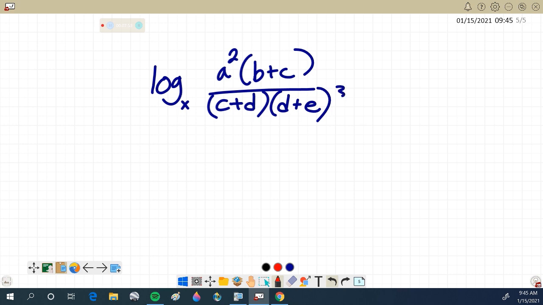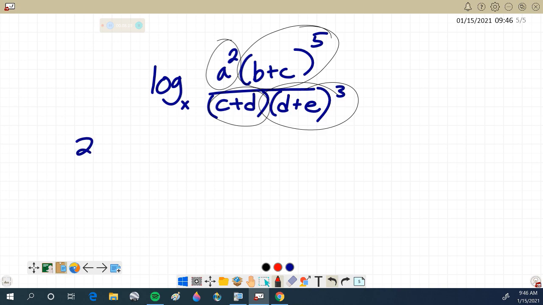How many logarithms will I end up with? 4. So this is 1, this is 1, that's 1, and that's 1. Only the multiplication gets split. You cannot split an addition or subtraction.